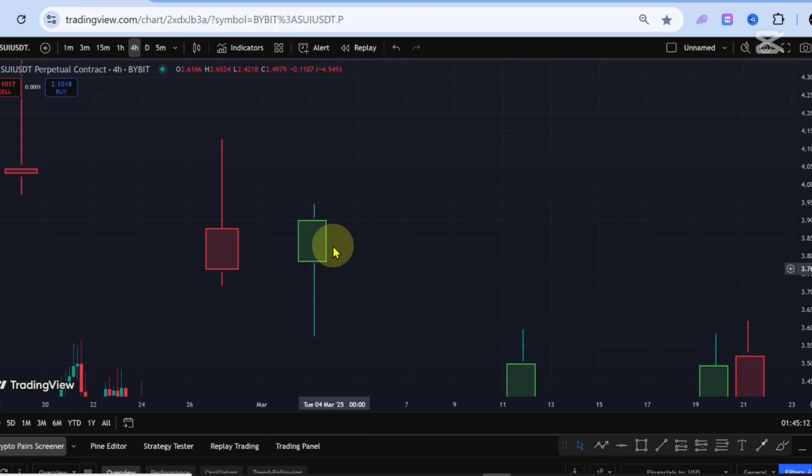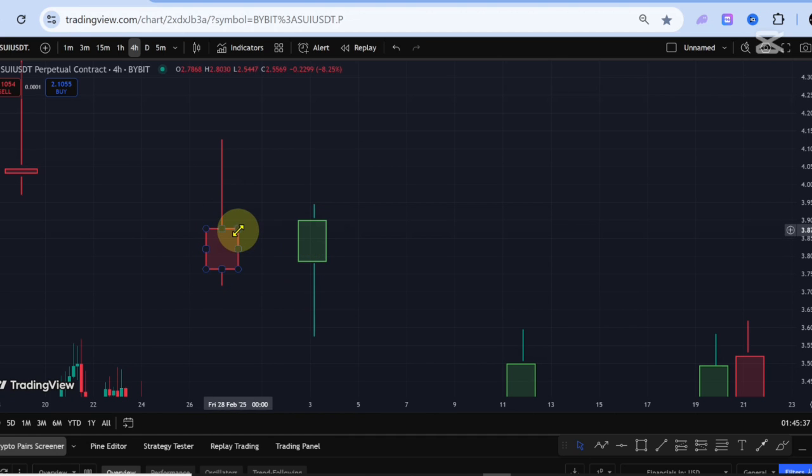So this tells that a lot of sellers came into this market and tried to push the price down, but then buyers came and overpowered the sellers and price finally went up. This is what this candle tells you.